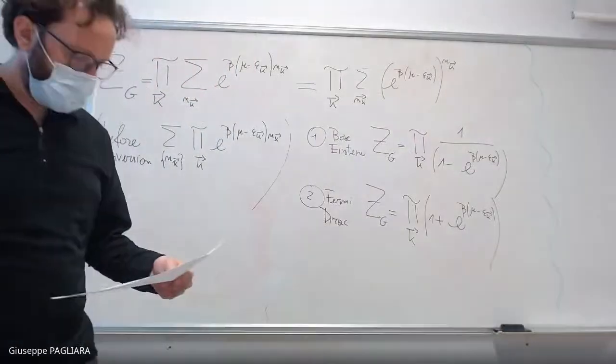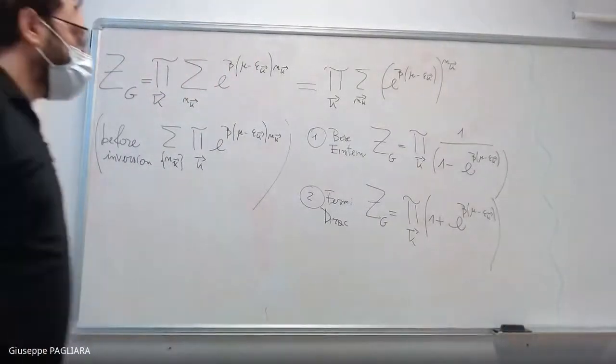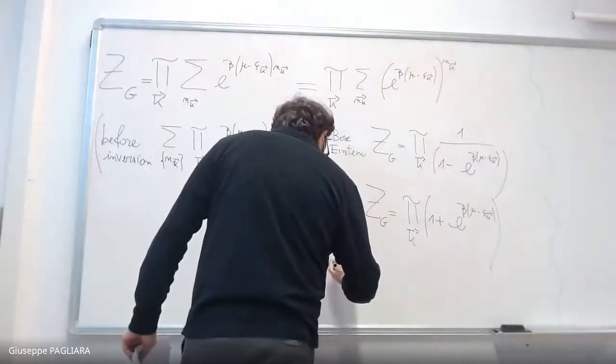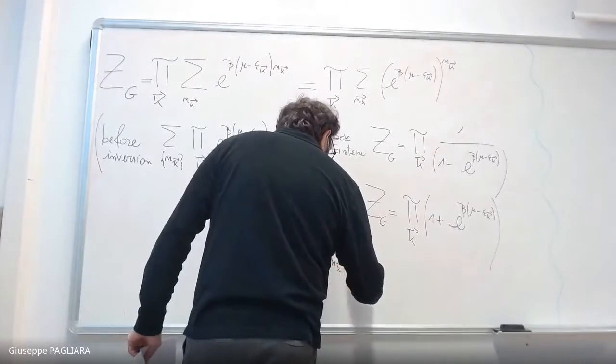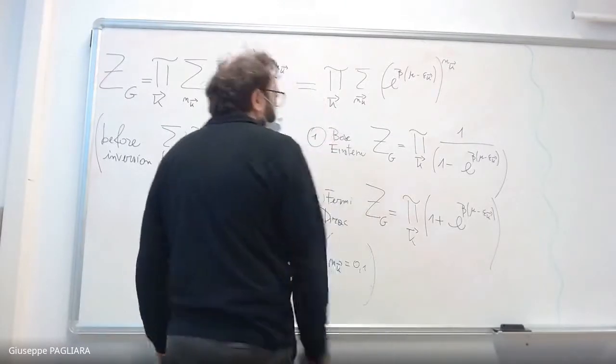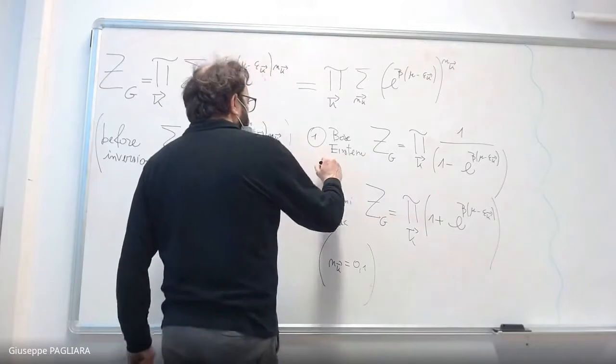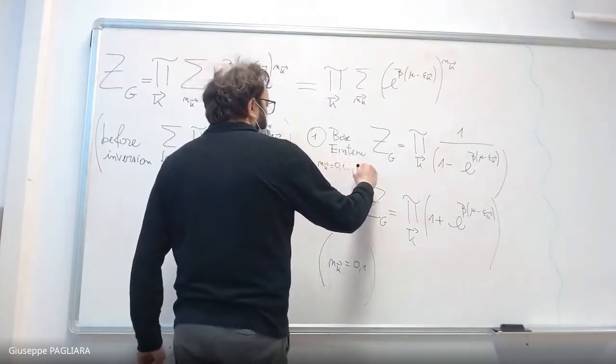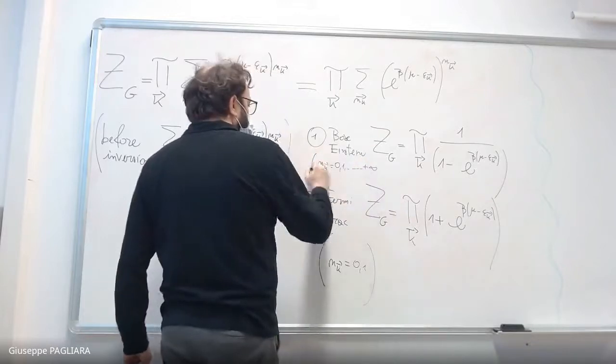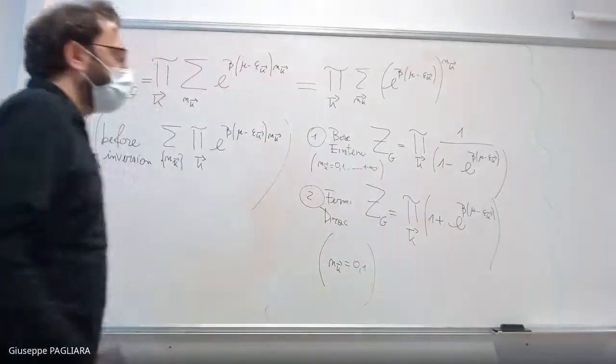Okay. So I have used the fact that nk can be 0 or 1, whereas in this case nk can be 0, 1, and so on, up to plus infinity. I have no limits.